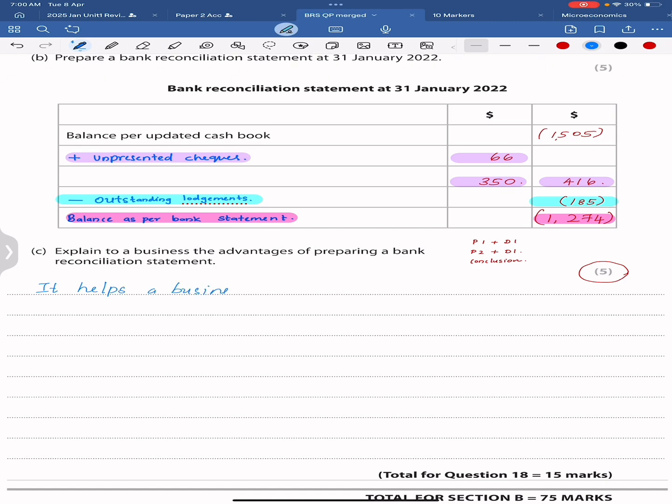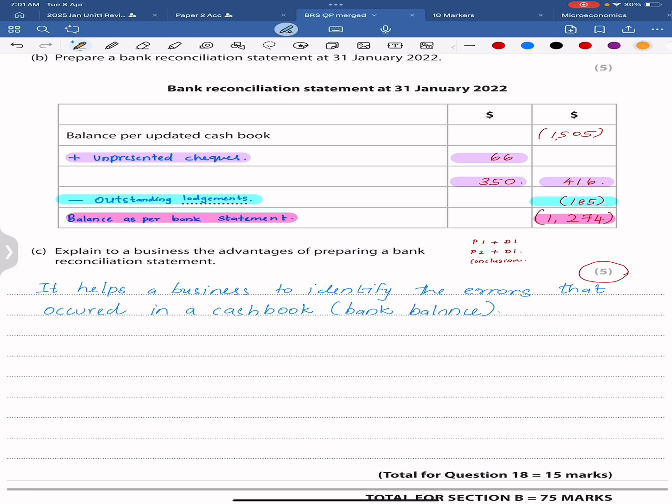Now let's draft the answer. You can take a while to do a quick research before answering this question. It helps a business to identify the errors which occurred in the cash book which is prepared by the business, or the errors that occurred in the bank statement. Now we need to add up a development for the point identified.